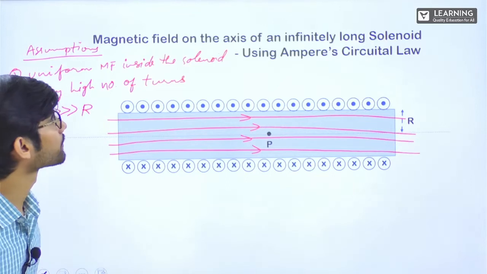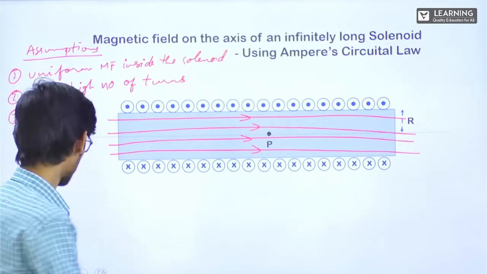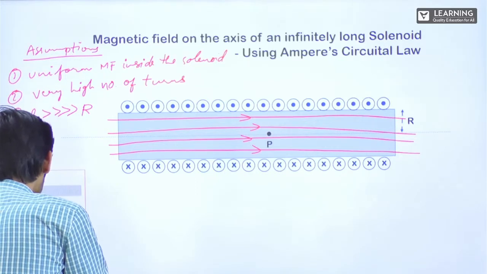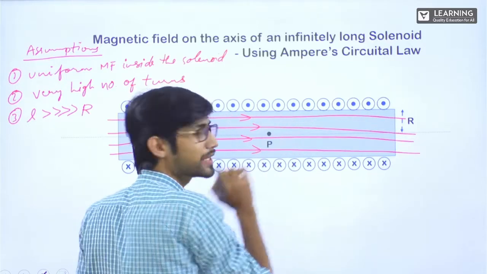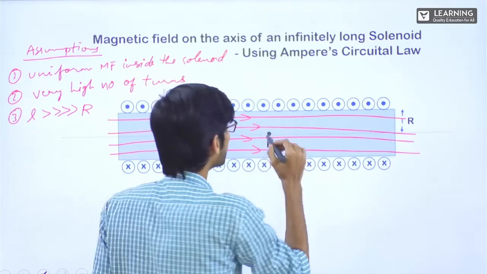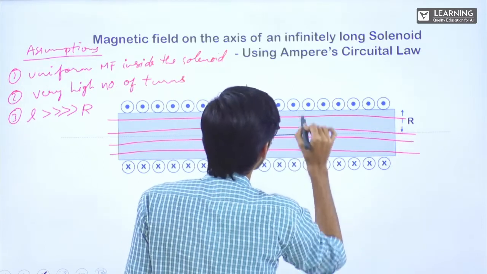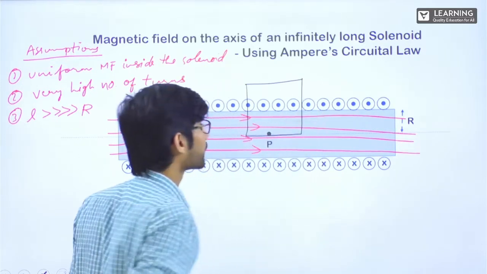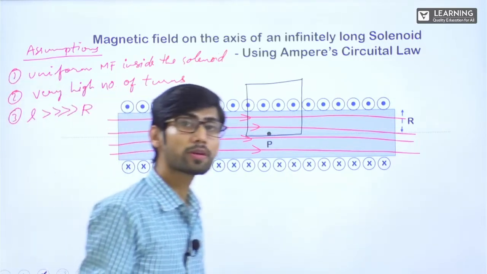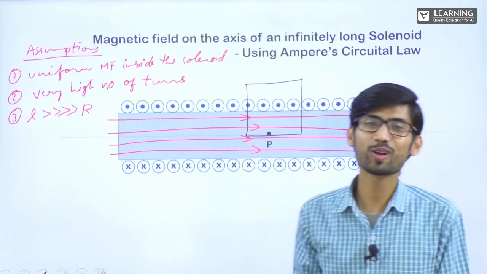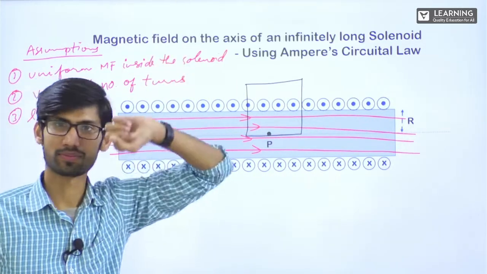Now let's see. First, we'll take an Ampere's loop. Here is how we are going to take it, just see. We'll take an Ampere's loop, this P is there, this can be anywhere. So crossing this P, I have to take an Ampere's loop. Clear? Why have we taken it like a square? Because if you remember, Ampere's Circuital Law is useful only when there are three conditions.